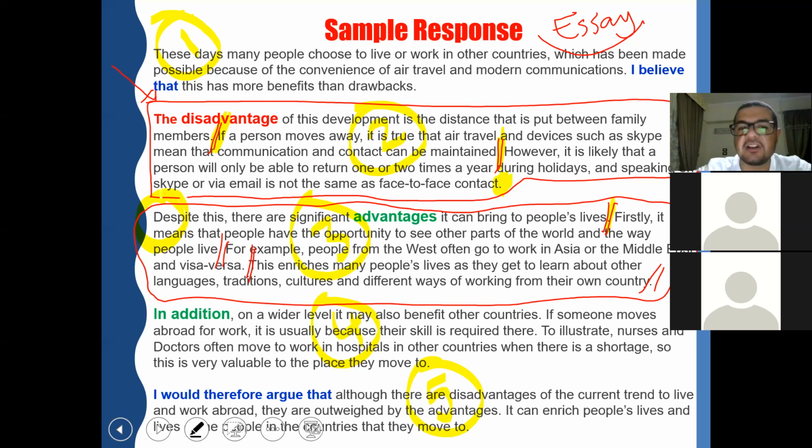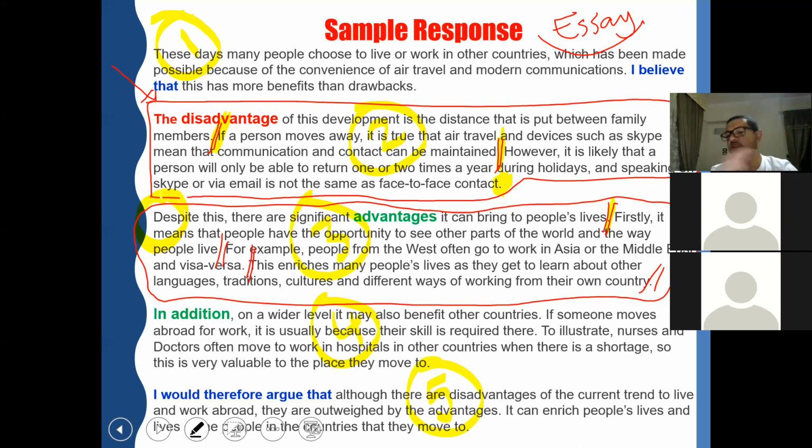Based on the nature of IELTS essays, the best way to divide the essay is into 4 paragraphs: an introduction, 2 body paragraphs, and a conclusion. In very few cases, we might write 5 paragraphs like this one here.